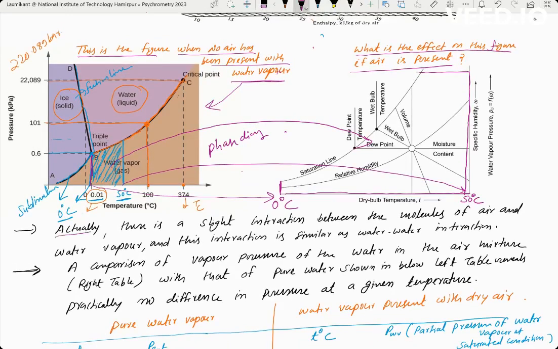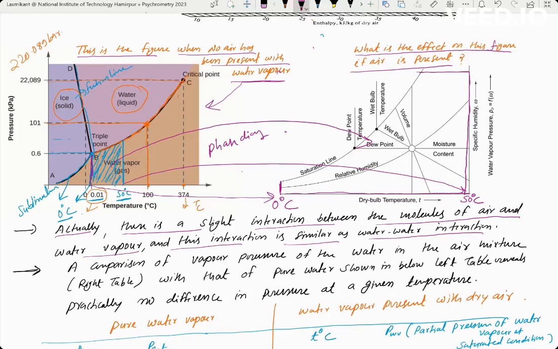Actually, there is a slight interaction between the molecules of air and water vapor, and this interaction is similar to water-water interaction. In this pure water diagram, the interaction is between pure water molecules.